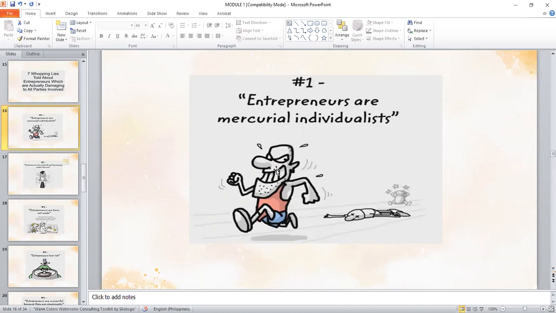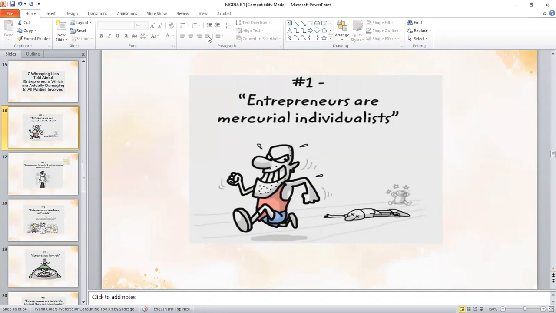So, entrepreneurs are mercurial individualists. What do we mean by this? Yeah, I will wait. Mercurial individualist, from the terms mercurial and individualist. Oh, nobody has an idea.